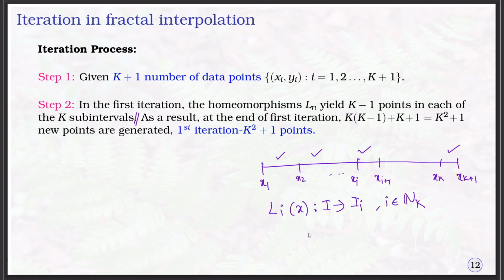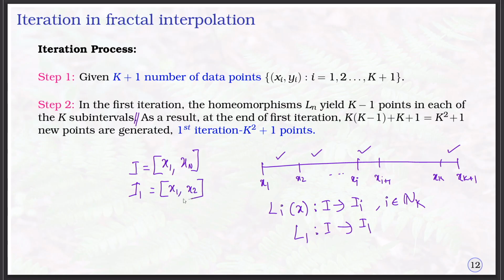Usually, L1 is a function from I to I1 such that L1 is first of all a contraction. Here I is the closed interval x1 to x(k plus 1), and I1 is x1 to x2. We have k plus 1 data points.